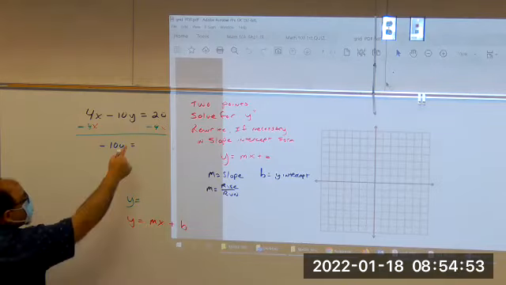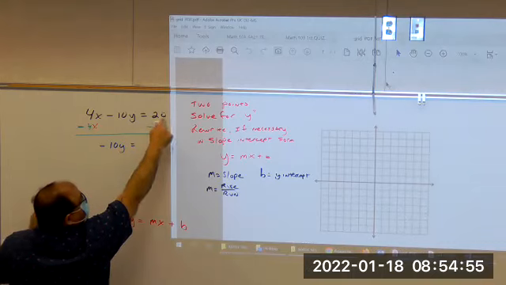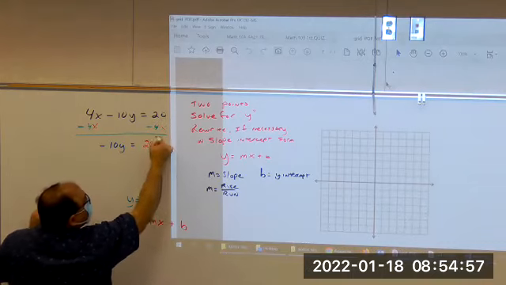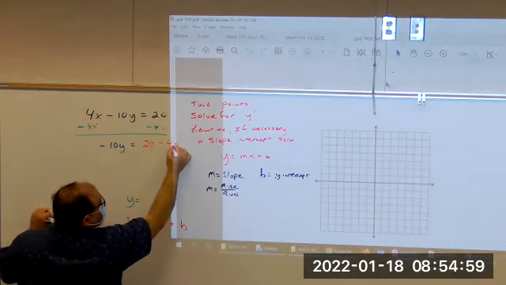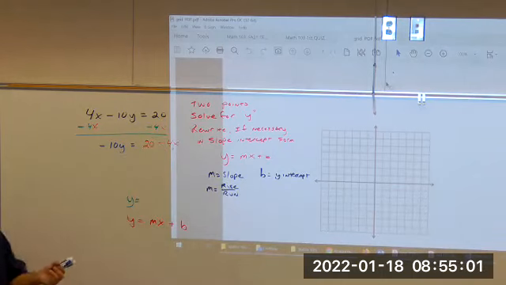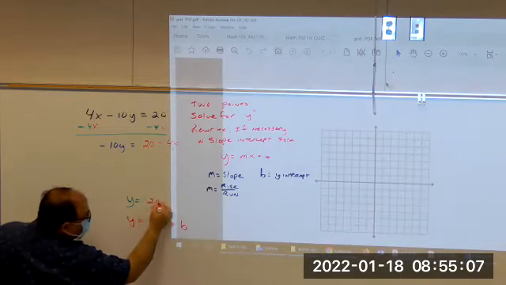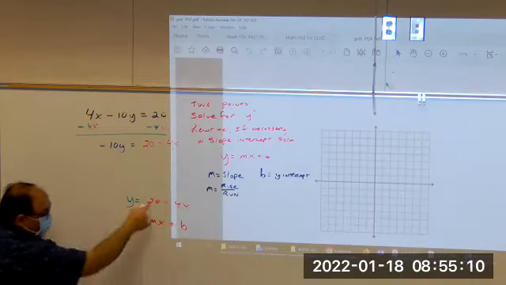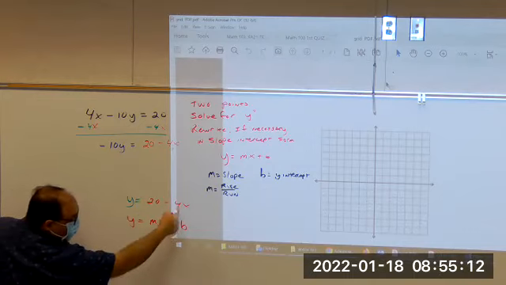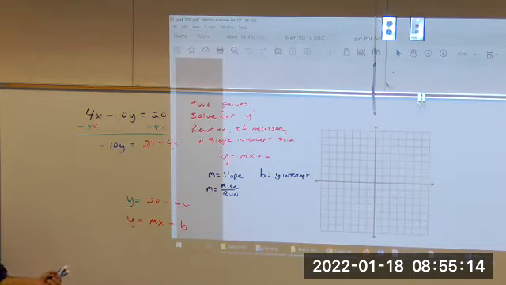So I know some of you are going to want to put, that's a positive 20, and then you have a minus 4x, 20 minus 4x, because that's technically what it is. That's not wrong. But down here, when you go 20 minus 4x, and you're trying to match up the slope and the y-intercept, they're in the wrong place.